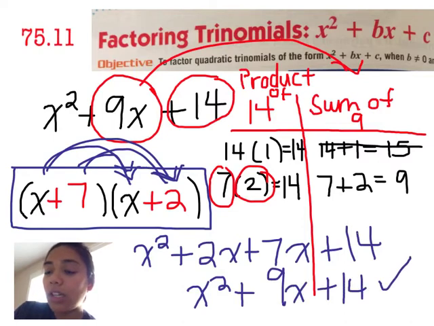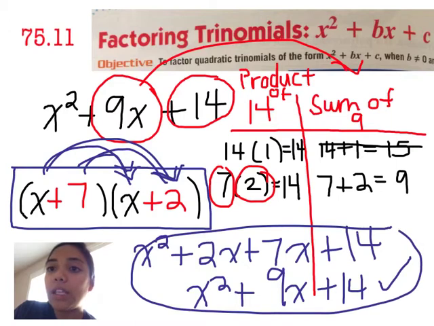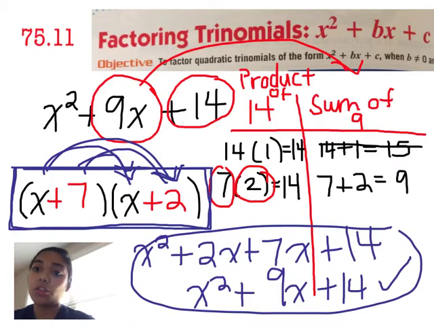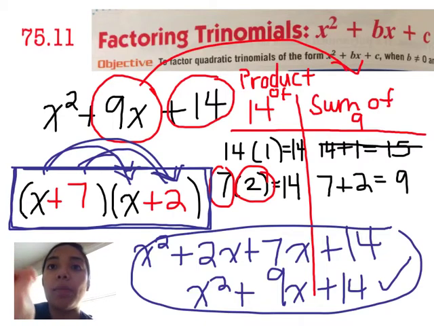So that means I checked it, I did it right. But this blue part is my answer, that's all I'm asking you to do. So once you find your two numbers, you just plug them in, x plus something, x plus something. Okay, so let's do another example.